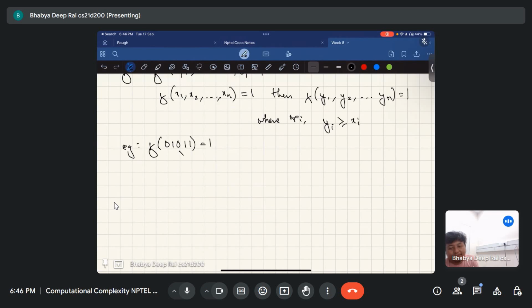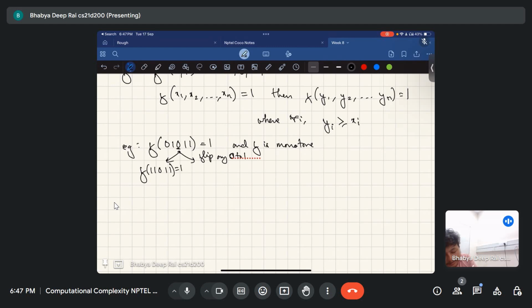Flip any 0 to 1. In other words, you are increasing the input in some sense. So this 0 will become 1: f of 1 1 0 1 1 is also equal to 1.